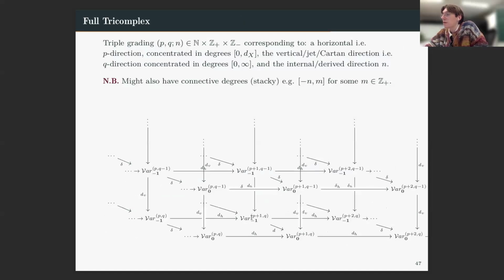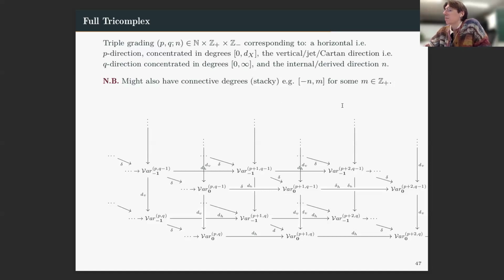If we're assuming completely non-positive CDGAs in the category of D modules, then it stops at 0. The homological one takes us out of the page. And then we have the horizontal and vertical one, and we take the total complex with respect to this.